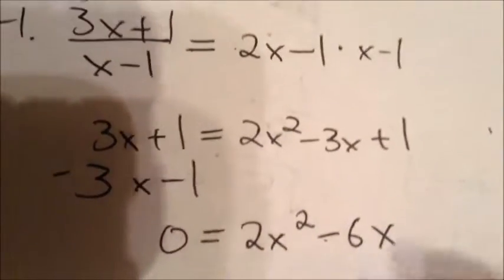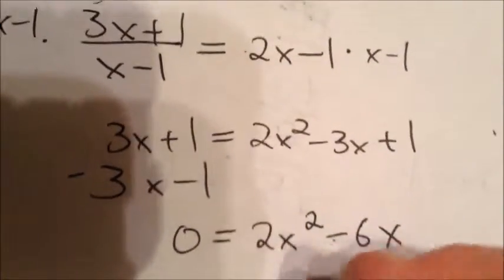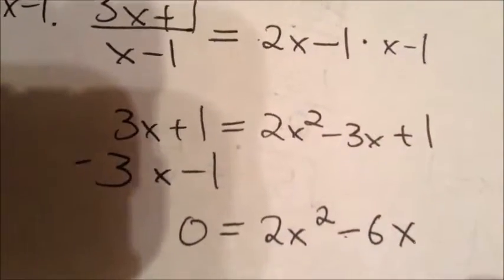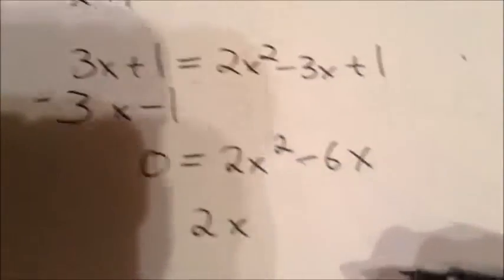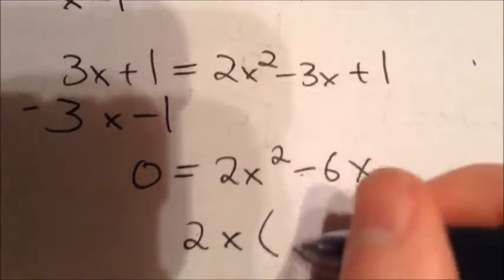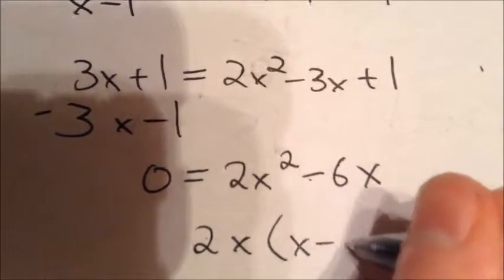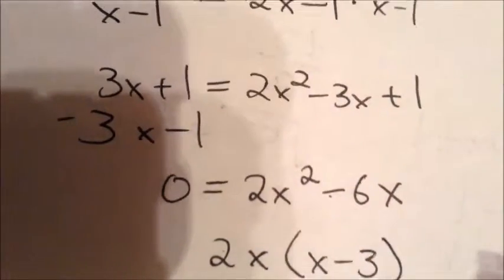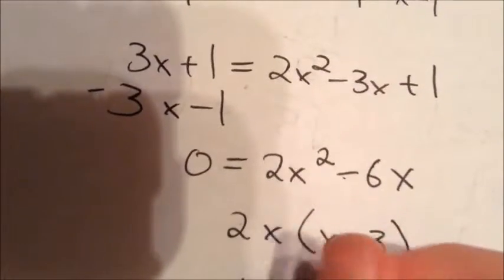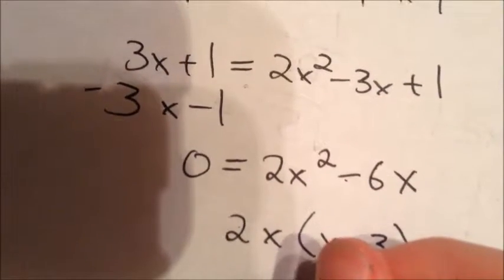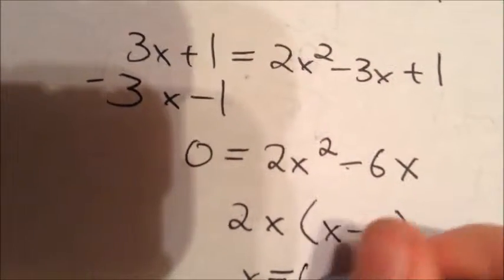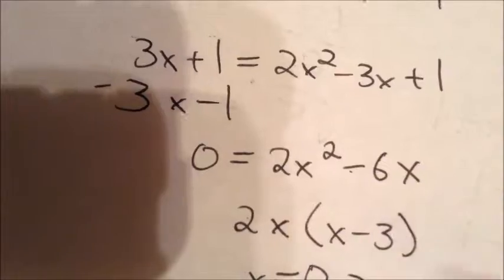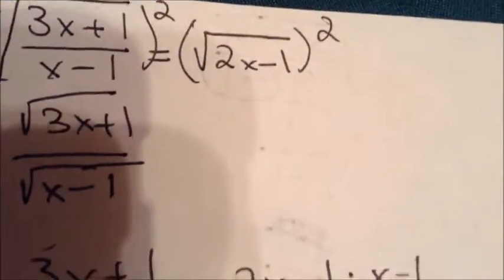Now, we factor out 2x because we have a common factor, and that leaves us with x minus 3 inside. So x can equal 0 or 3. Now, we have to plug these back into the original equation to see if they are extraneous.